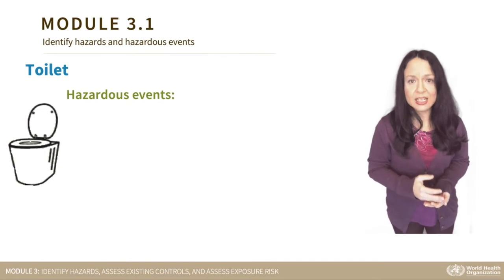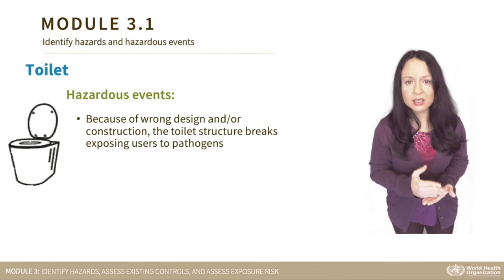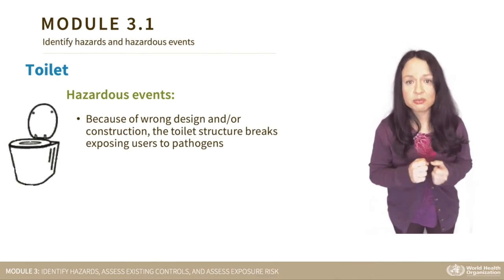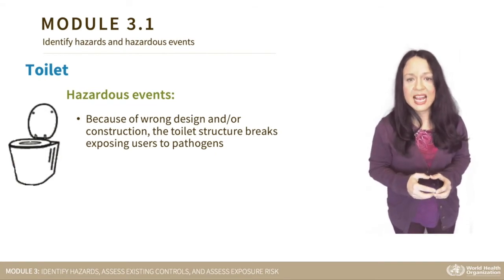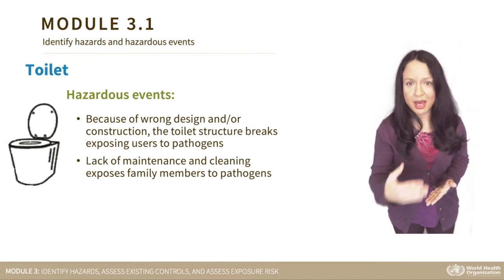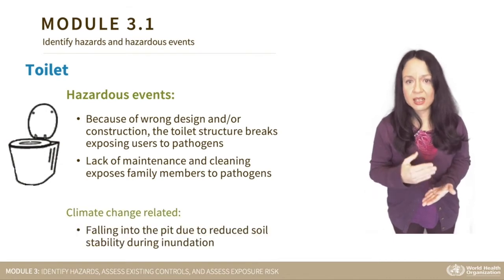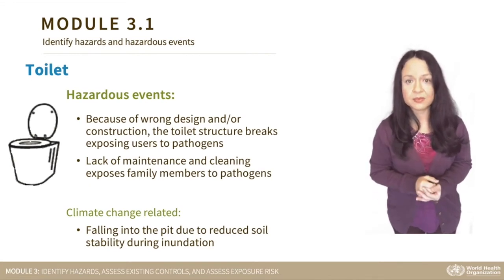For toilets, some hazardous events include: because of wrong design and/or construction, the toilet structure breaks, exposing users to pathogens. Lack of maintenance and cleaning exposes family members to pathogens. One example of climate-related hazardous event is falling into the pit due to reduced soil stability during inundation.